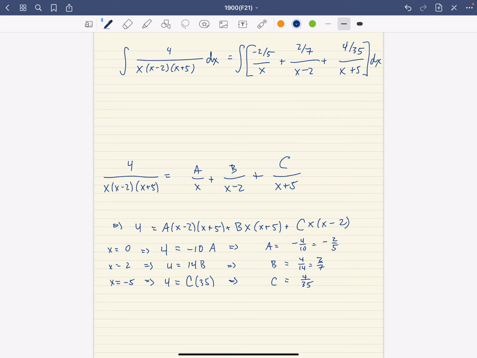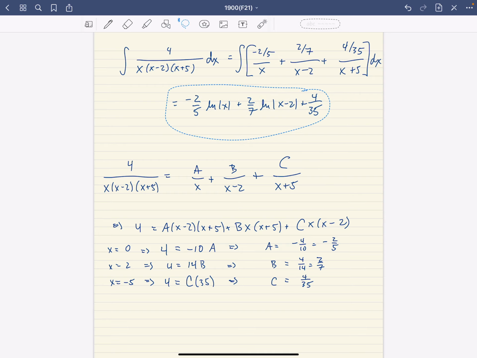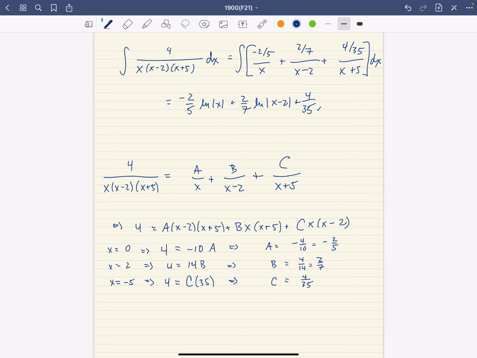And we're integrating that with respect to x, so our integral is going to be negative 2/5 times the natural log of the absolute value of x, plus 2/7 times the natural log of the absolute value of x minus 2, plus 4 over 35 times the natural log of the absolute value of x plus 5, plus c.